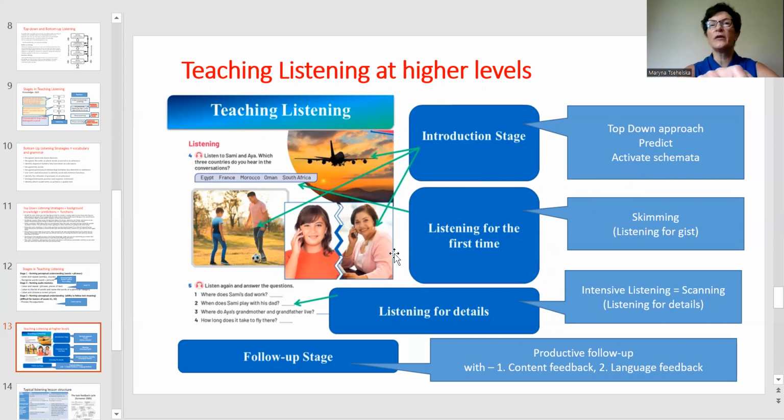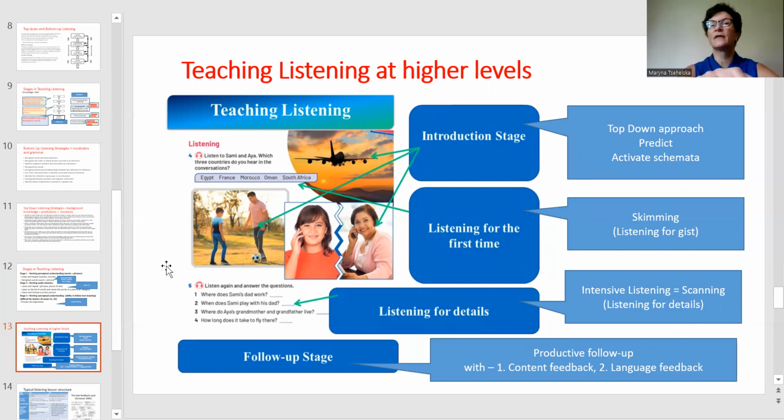So that's how we activate their schemata, the background knowledge. Then they listen for the first time, and this is listening for gist. Then they listen for the second time, and this is scanning or listening for detail.